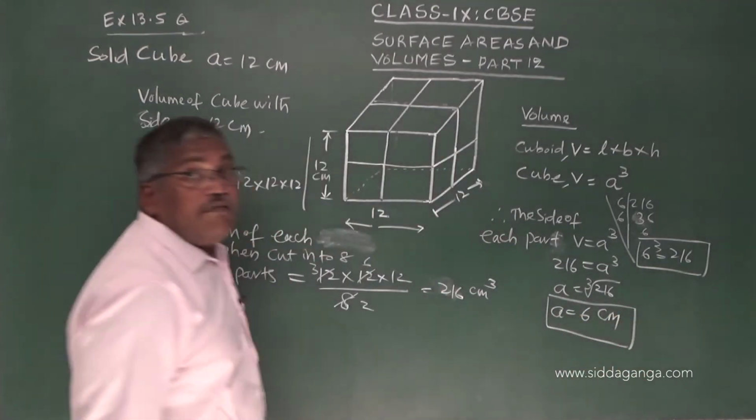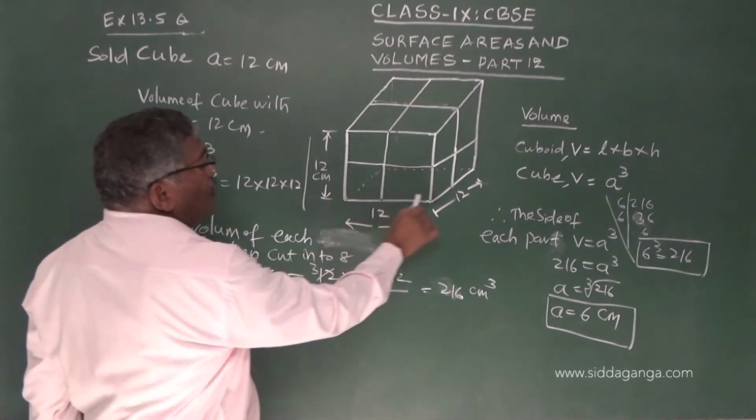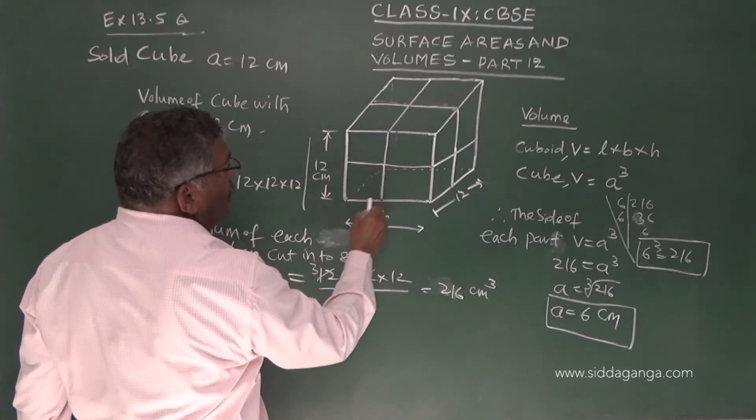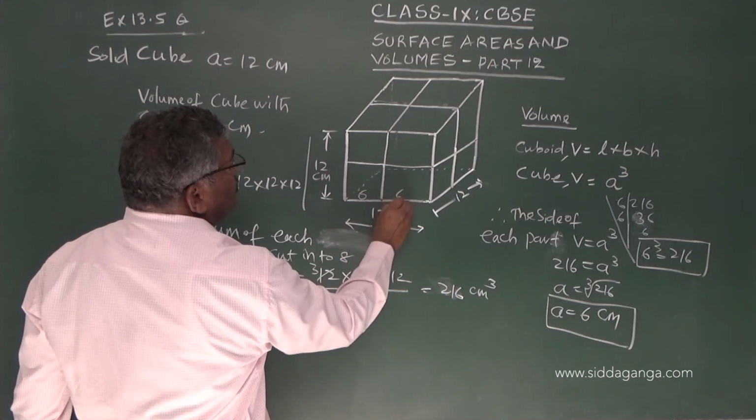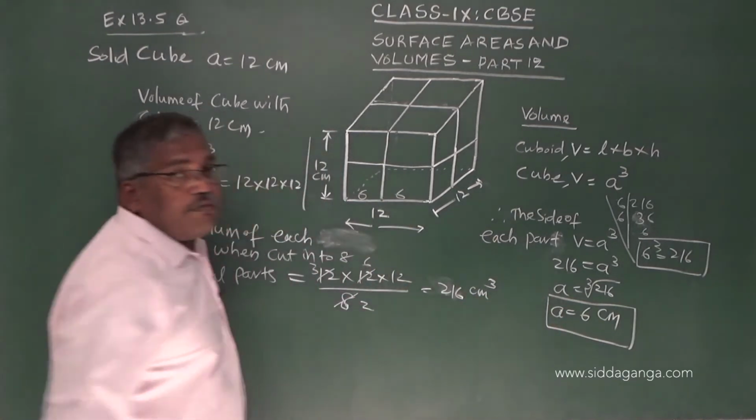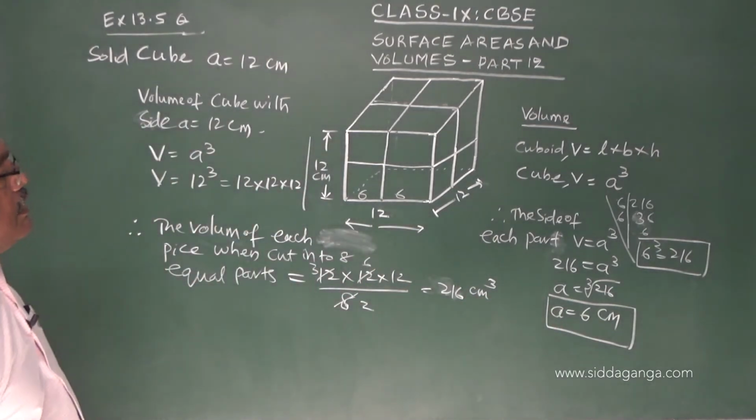It is evident from the sketch: it was 12, we have cut in the middle, this becomes 6, this becomes 6. The same answer we are getting there, 6 centimeters.